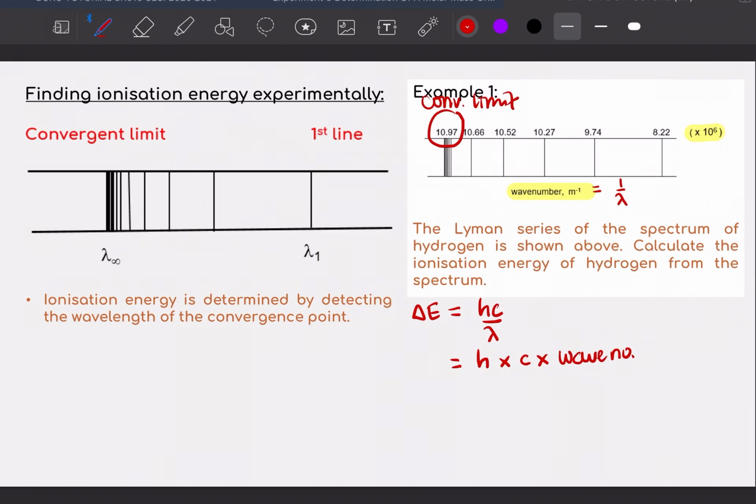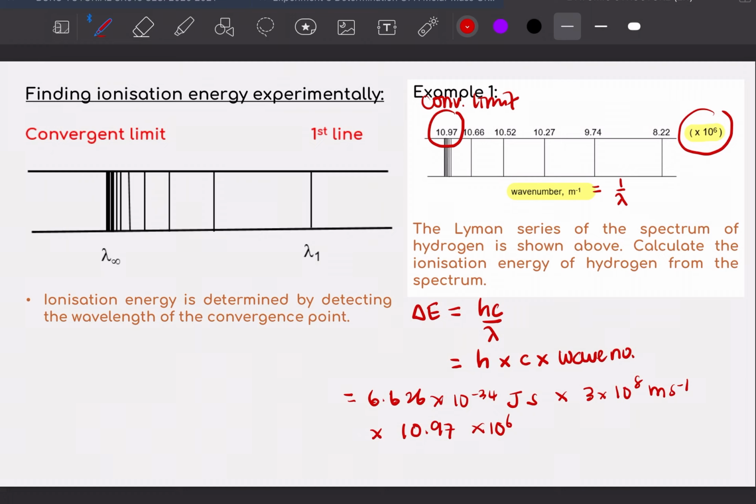Okay, so masukkan je lah value awak. It will be 6.626 times 10 negative 34 joule second times 3 times 10 to the power of 8 meter per second times your wave number, 10.97 times 10 to the power of 6. Don't forget this one here, okay? Per meter.